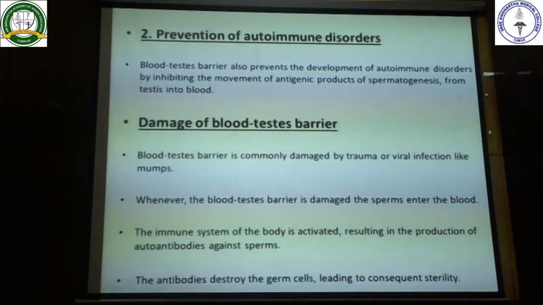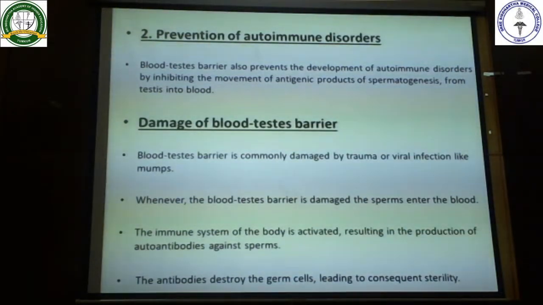I repeat, if there is damage to this blood-testis barrier, which can occur because of any trauma or any viral infection, the sperm enters into the blood. Once it enters into the blood, the body will consider these sperms as foreign bodies.